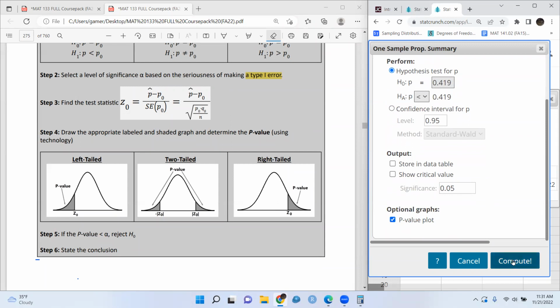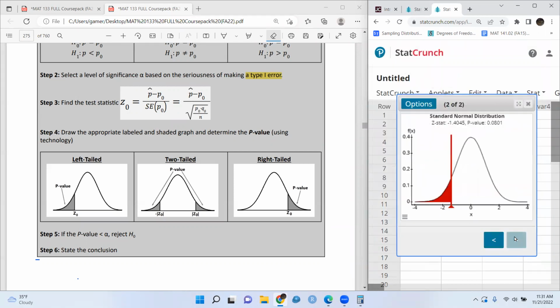And then I'm grabbing the p-value plot, and the reason I'm doing this is because it will give us this graph. We just have to click over, and there's our graph. Now, you don't have to draw your graphs perfectly accurate. You do need to draw it with the shading in the correct spots, either left tail, right tail, or two tail.